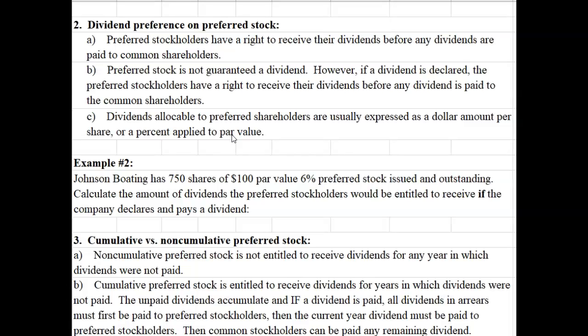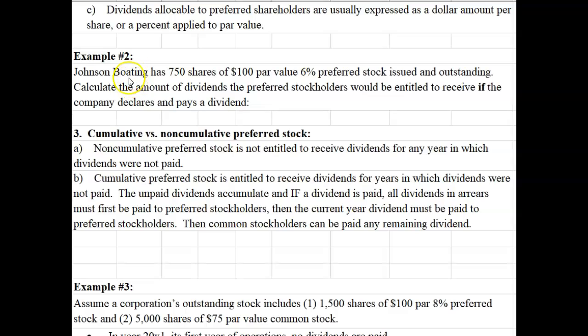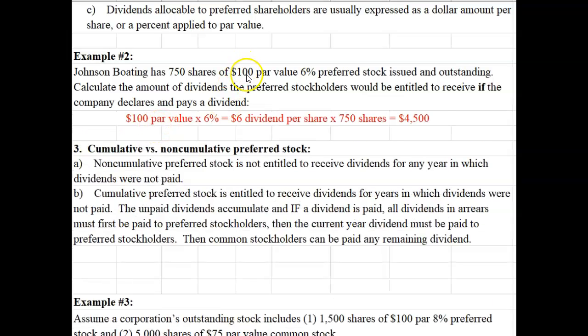Let's look at another example. Johnson Boating has 750 shares of $100 par value 6% preferred stock issued and outstanding. Calculate the amount of dividends the preferred stockholders would be entitled to receive if the company declares and pays a dividend. $100 par value preferred stock, 6%.